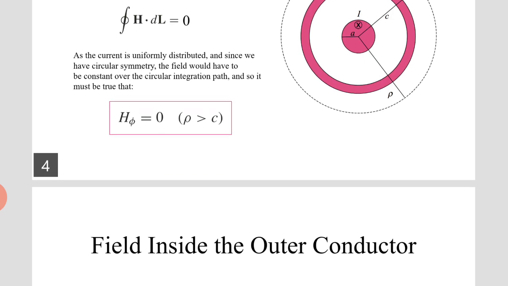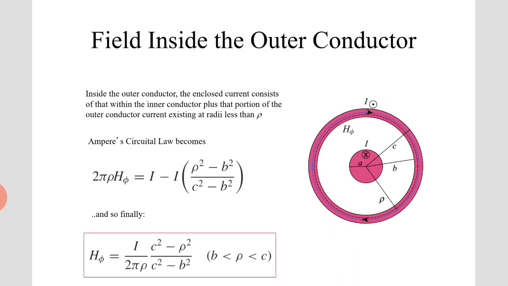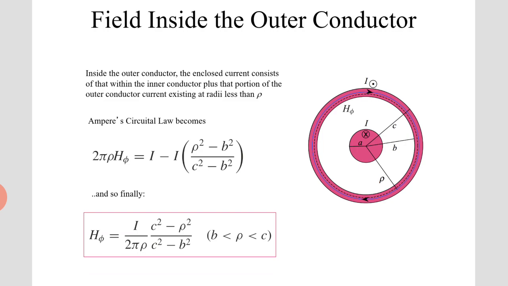Next we go to the field inside the outer conductor. As in the previous case, the field is available inside the outer conductor. The outer conductor has an inner radius b and an outer radius c, and the field develops in between b and c.